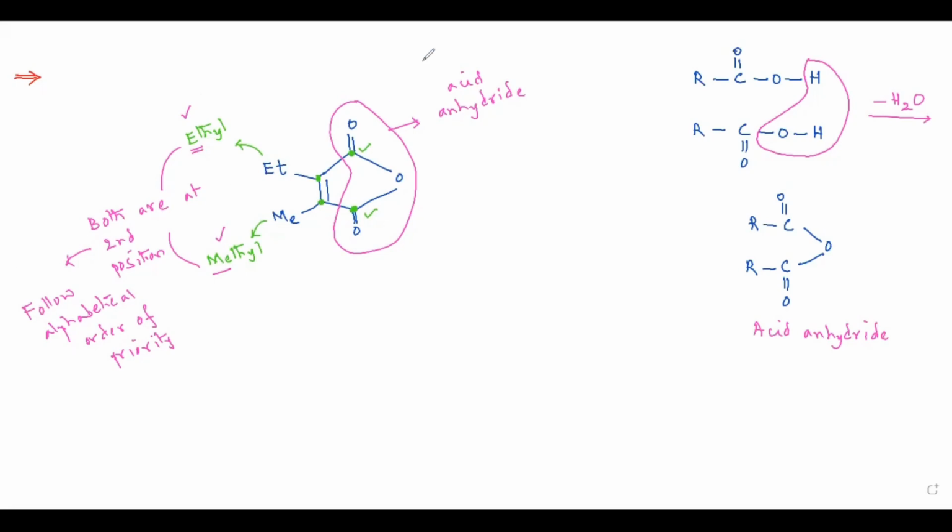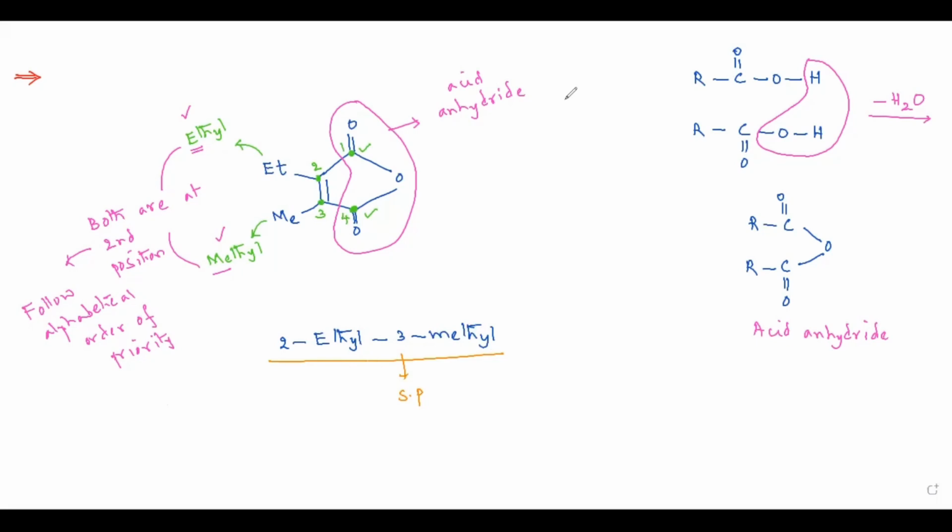So let me start giving numbers from the side of E. 1, 2, 3, 4. Now the name again. At the second position, we got ethyl. At the third position, we got methyl. So we are done with the secondary prefix: 2-ethyl, 3-methyl.